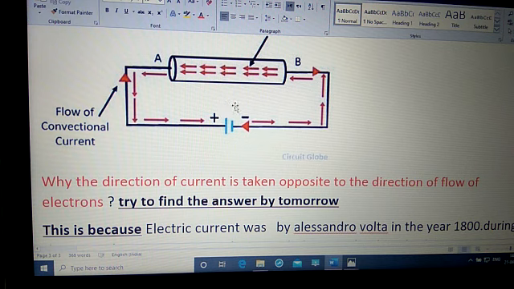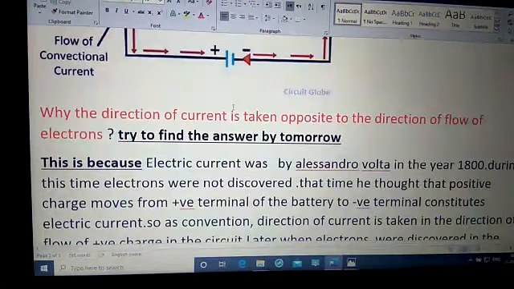So it was not possible to erase this information and reprint the fact that the direction of electric current is from negative to positive. Therefore, the same convention was retained, and we are following the same convention till today, and in future also. So this is all about the direction of conventional current and the direction of flow of electrons through the circuit.